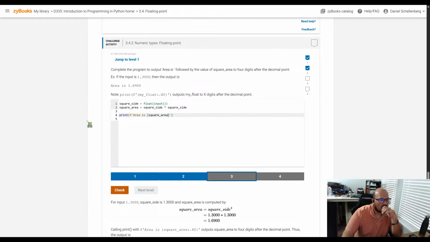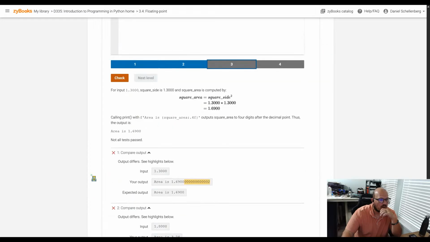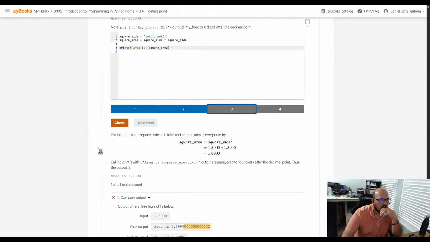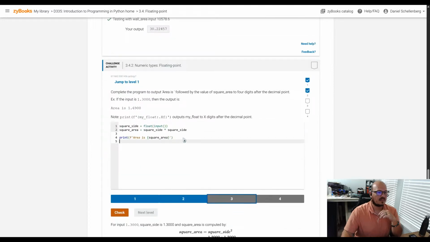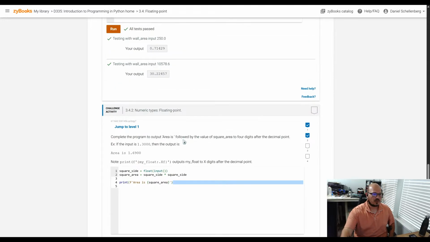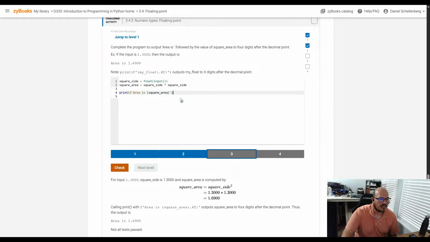What happened? Oh, did I not? Oh no, I did. Oh, okay. So once again, this comes back to making sure you're being detail oriented and reading through the instructions, because this tells us we need to have 4 digits after the decimal. So what do we got to do? Colon dot.